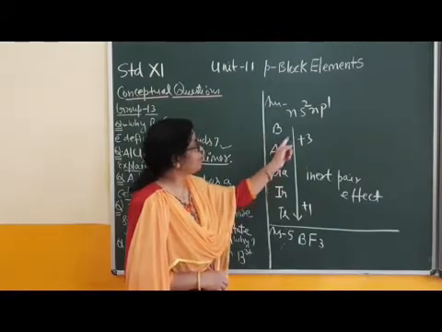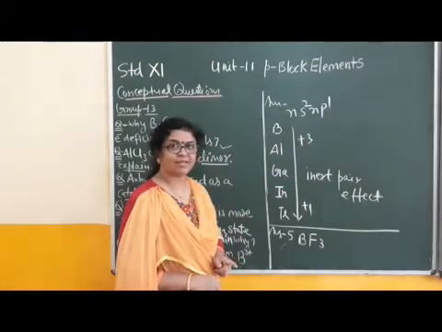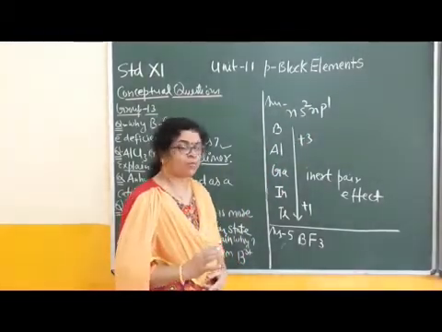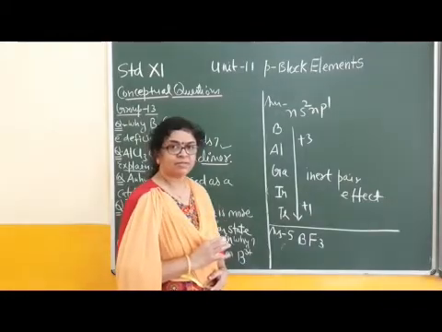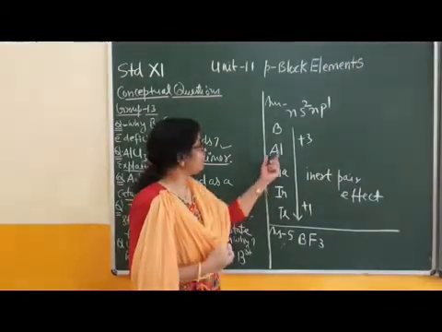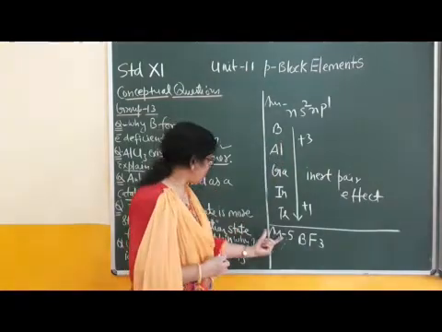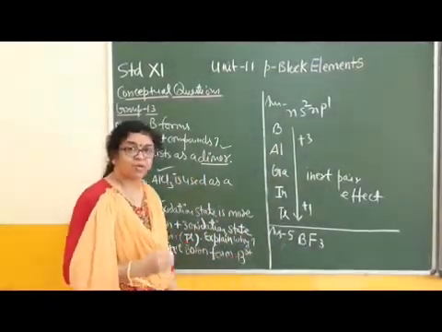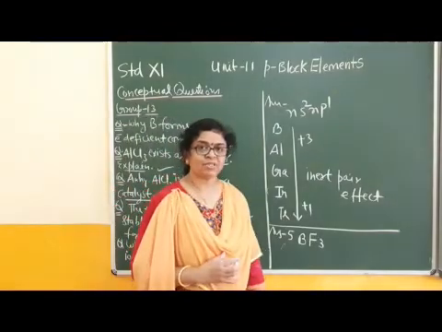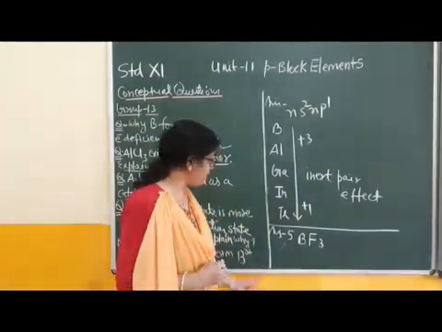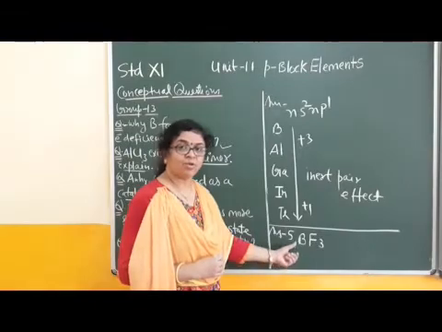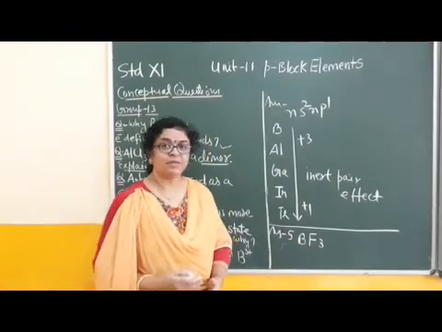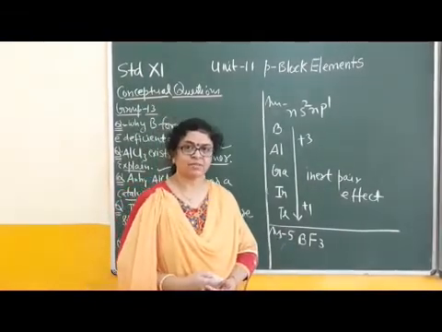For removal of all 3 valence electrons, a very high amount of energy is required. Due to its very high value of IE, boron does not form compounds in the 3+ state, or does not form ionic compounds. Boron forms only covalent compounds, and covalent compounds are formed due to sharing of electrons.